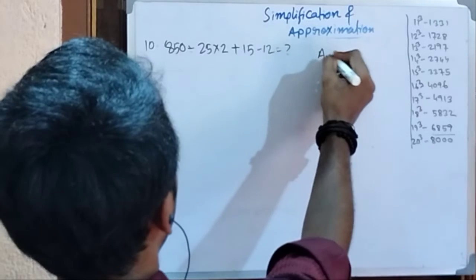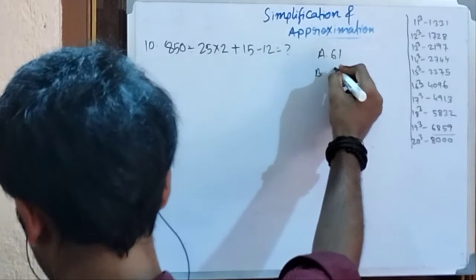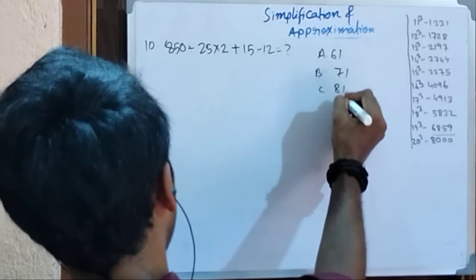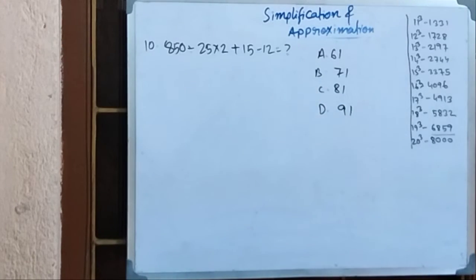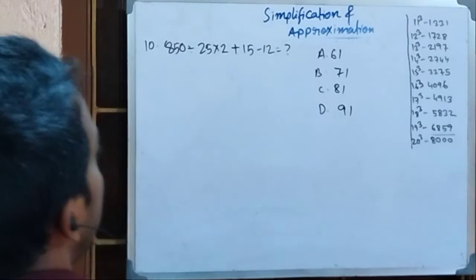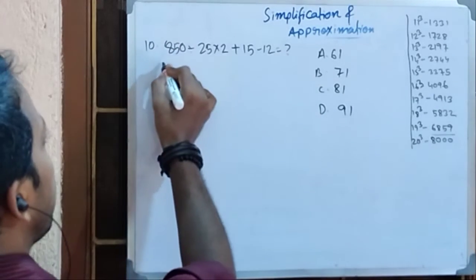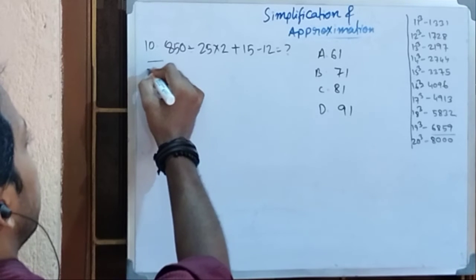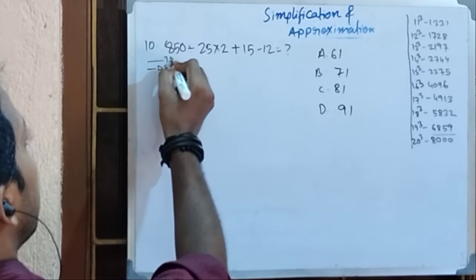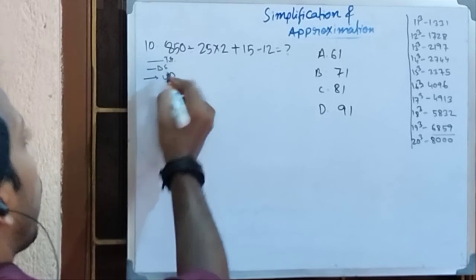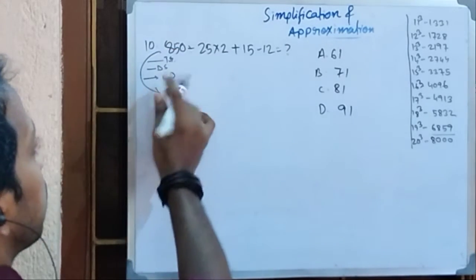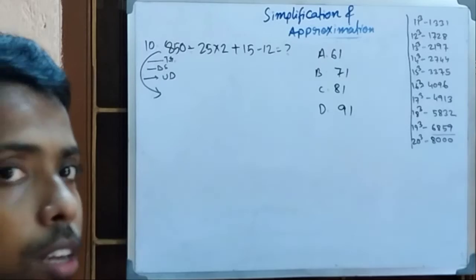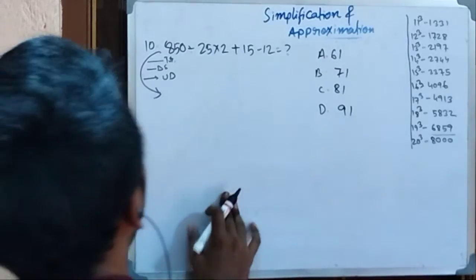The options are: option B 51, D 91. Now, 4 options are there. See, this is very easy. Irrespective of whatever you use, the traditional method, your DS method, or the unit digit method, it would not make any difference within these 3 methods. It would take almost the same time.